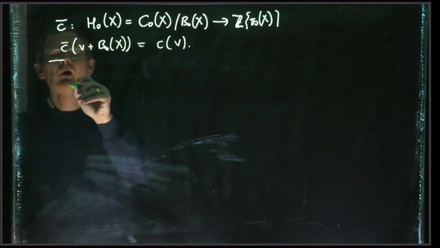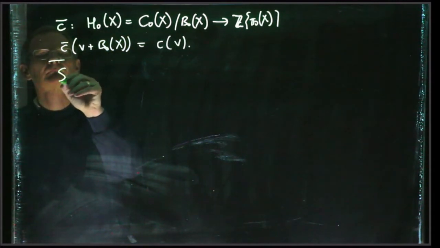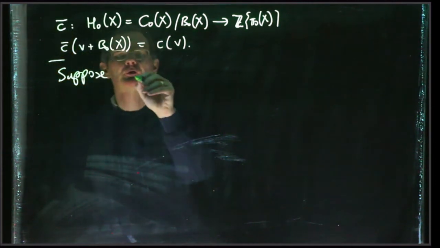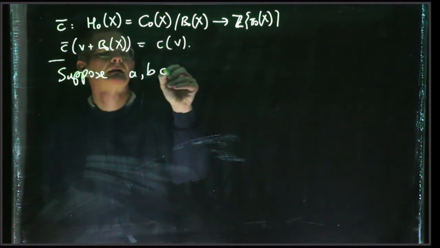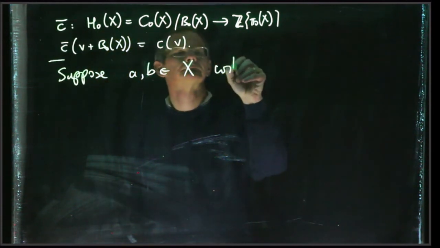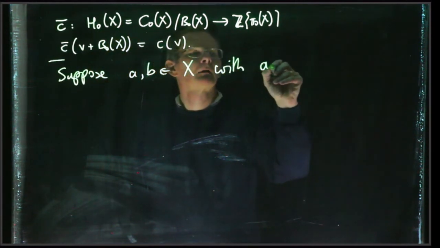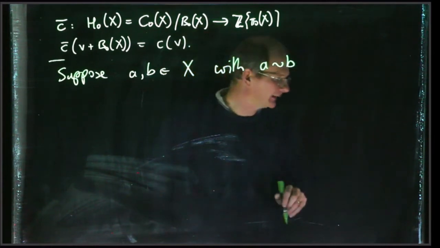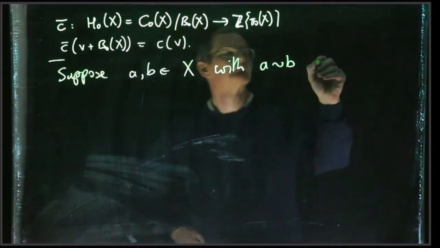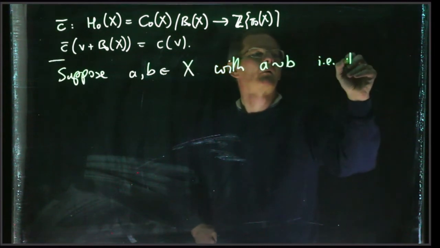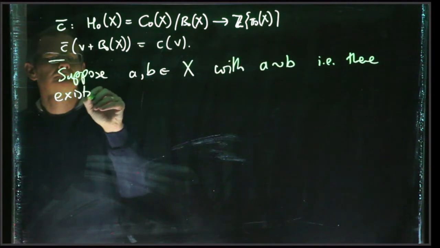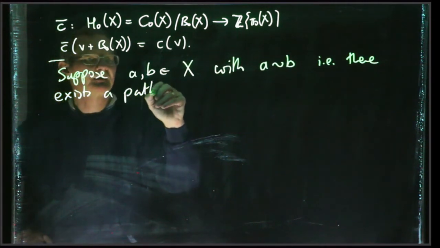Okay, so suppose we've got two points, A and B, in X, with A related to B. What does it mean to say that A is related to B?